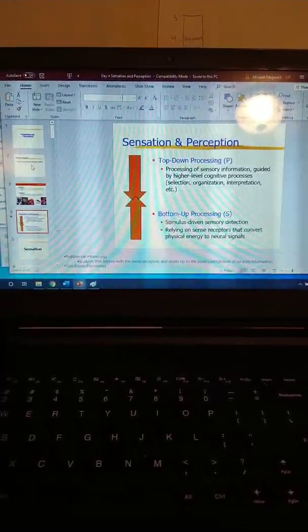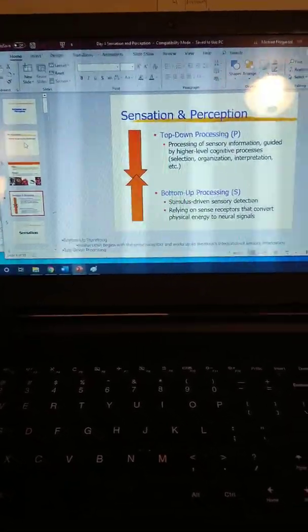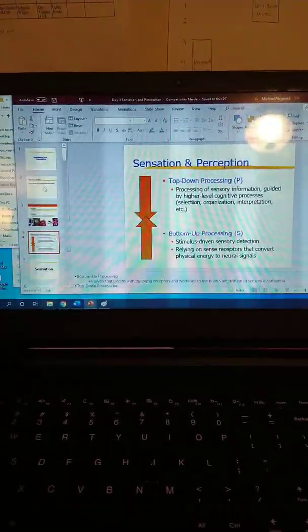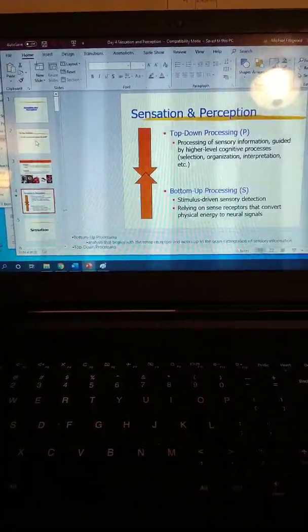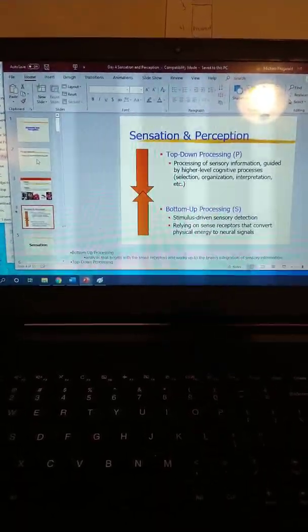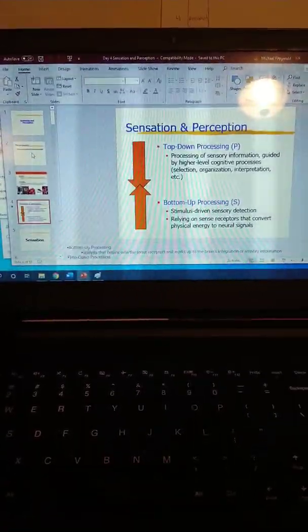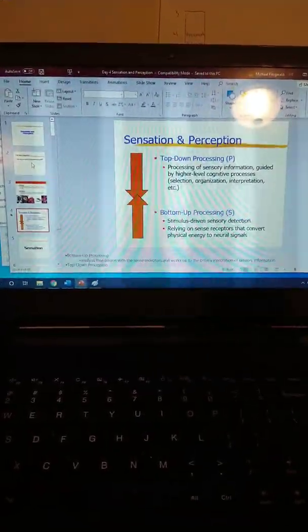So in top-down processing, the P stands for perception, meaning that some sort of higher order cognitive capability is guiding where we should put our senses. For example, say you're driving in a car and you are looking for a specific exit to take. You are using your attention and your memory to tell your eyes, so to speak, what to look for.